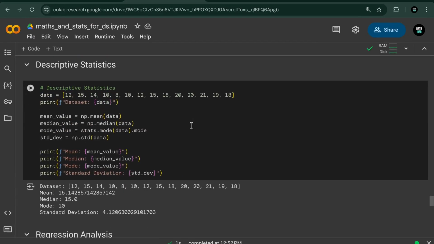All right, so let's look at descriptive statistics. Descriptive statistics are just some items that we find about the data to help us understand or give us a picture of what this data actually represents and means.